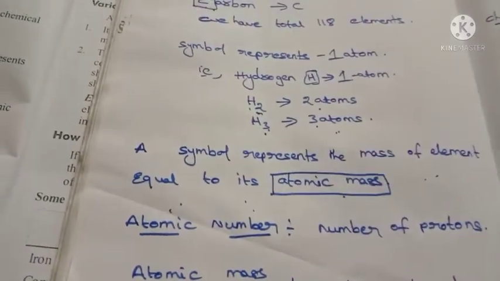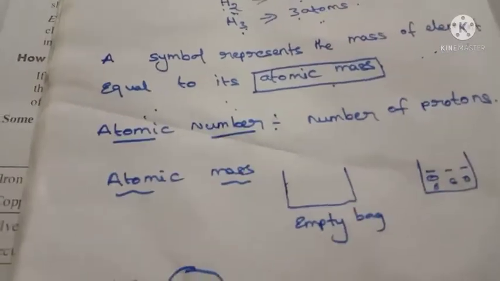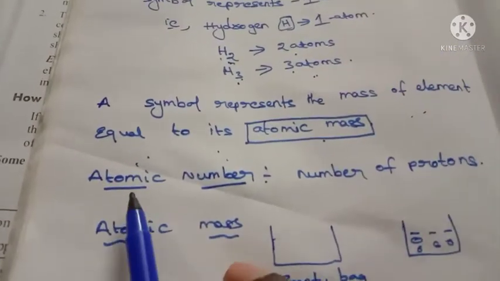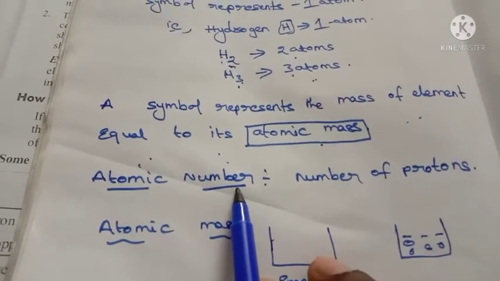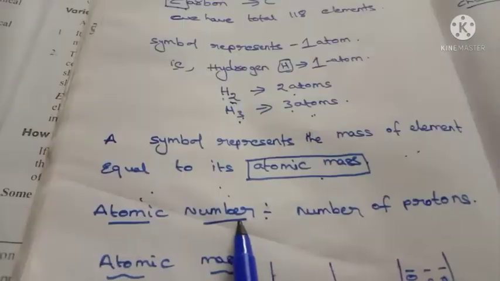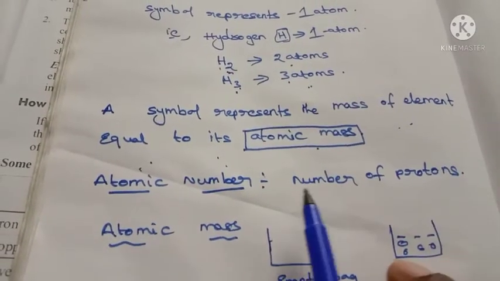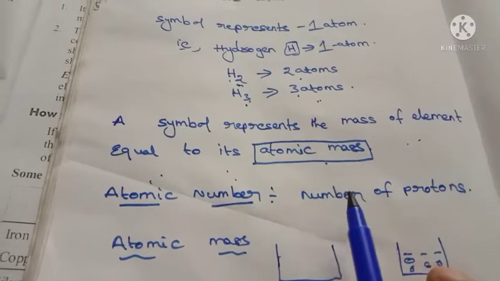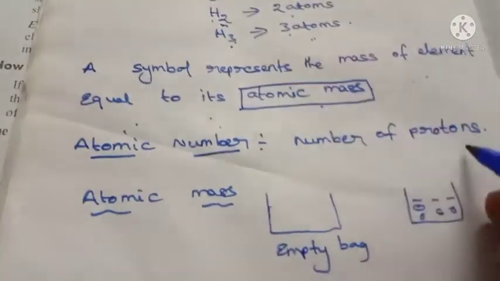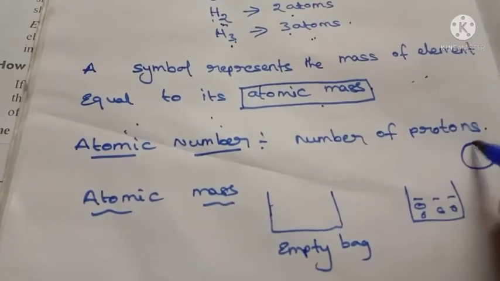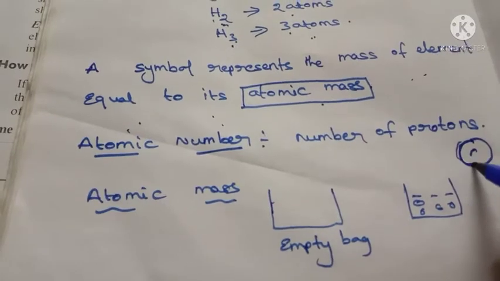Before seeing what atomic mass is, we first learn what atomic number is. Atomic number is nothing but the number of protons. Generally in an atom, this is the nucleus that I draw.